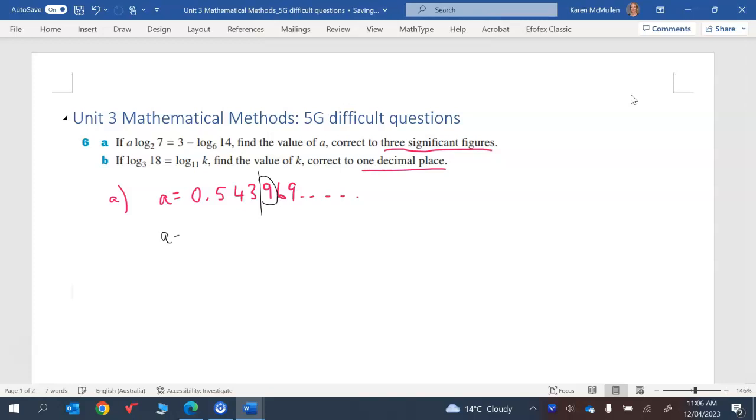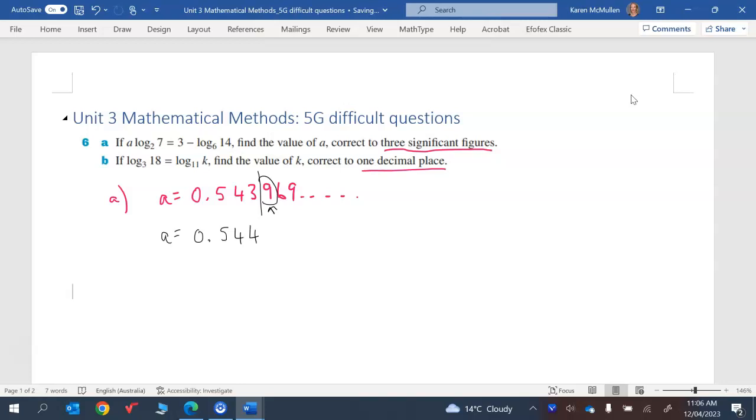Now, if this number here is 5 or more, we round up, which it is, because that number is closer to 0.544 than it is to 0.543, because of that 9.